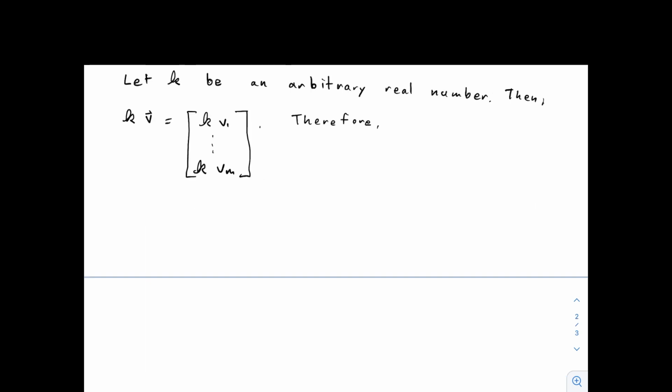Therefore, for A times kv, again, we're going to use the jth component argument.